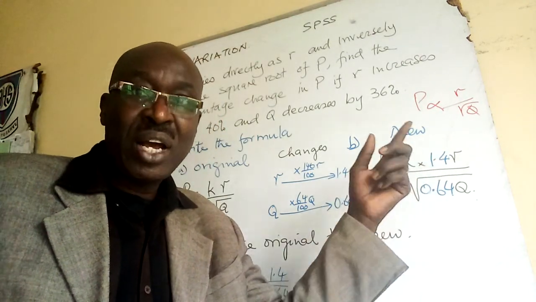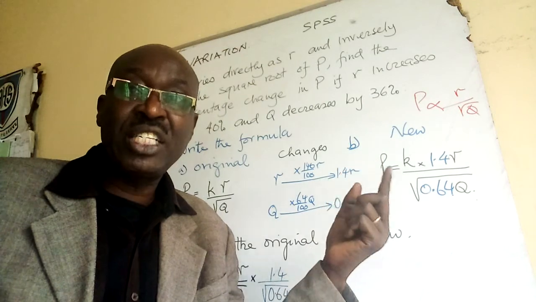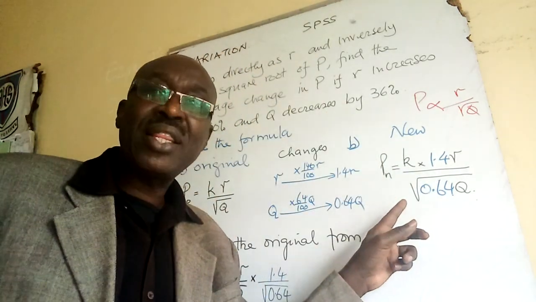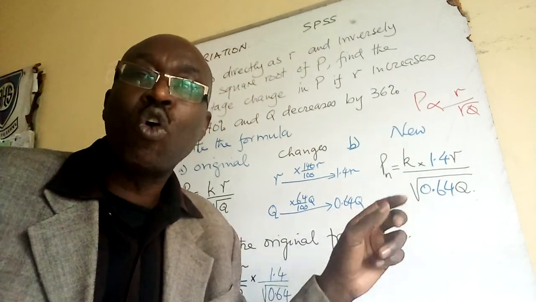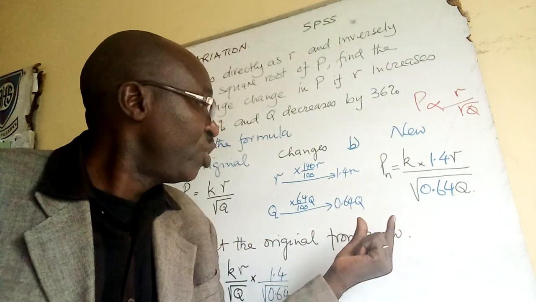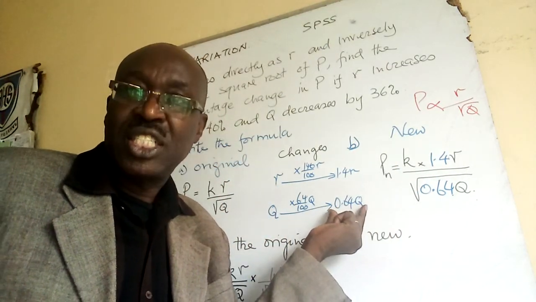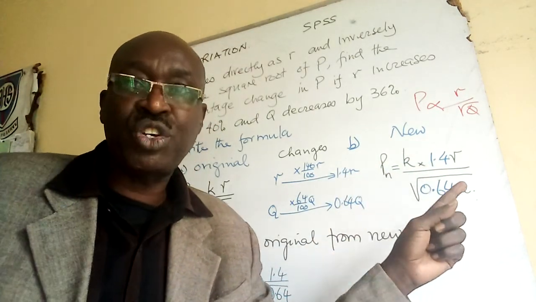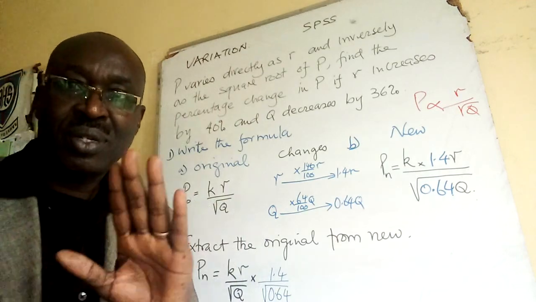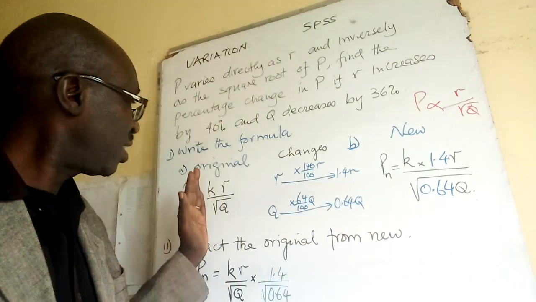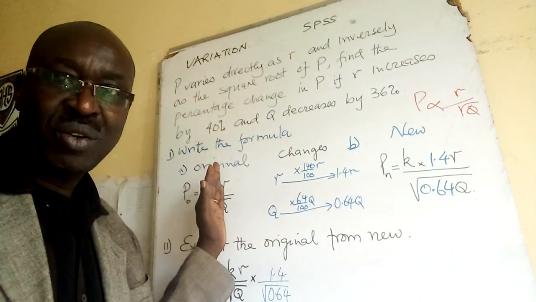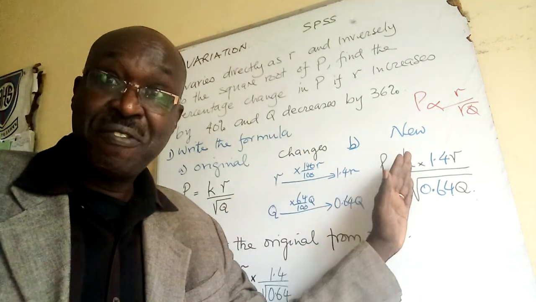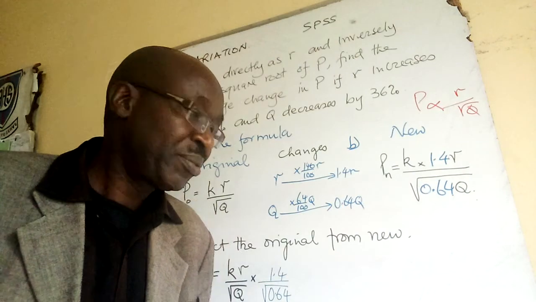Where there was R, now it is 1.4 R. Where there was square root of Q, the new Q is this, so square root of 0.64 Q. I want you to get that. It's a simple procedure: original, understand the changes, effect the changes in the formula.